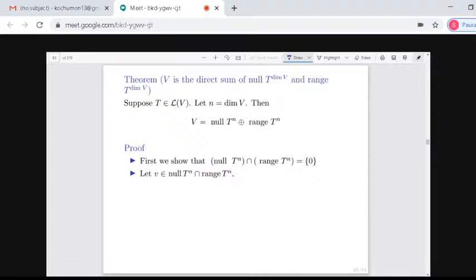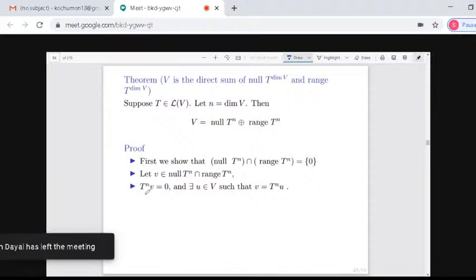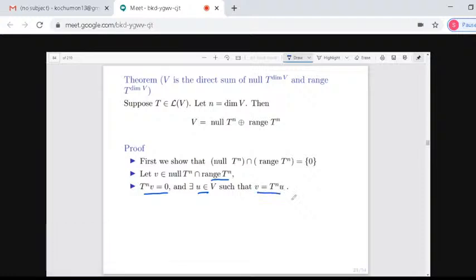Let v be an element of the null space of T to the power n intersection the range of T to the power n. Then we have T to the power n v is equal to 0 because it is in the null space. Since it is in the range of T to the power n, there exists a u in V such that v is equal to T to the power n u. Now you apply T to the power n on both sides. You get T to the power n v is equal to T to the power 2n u.